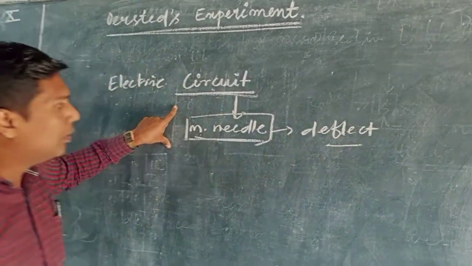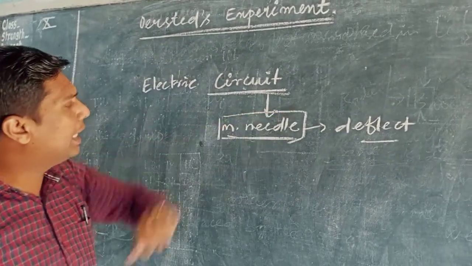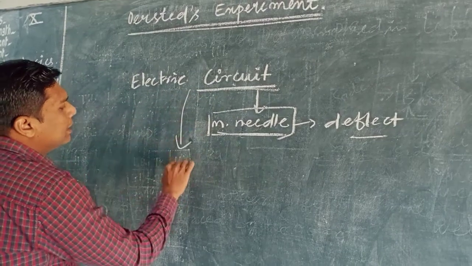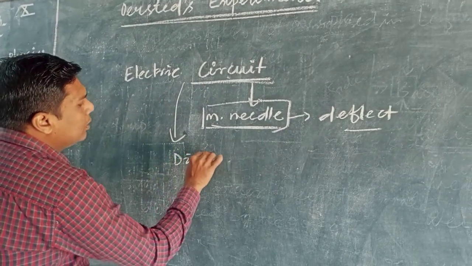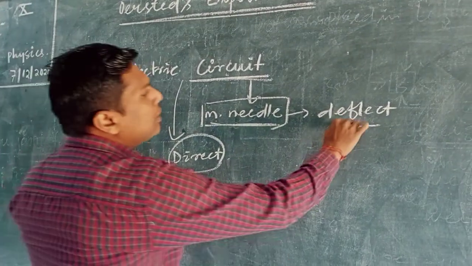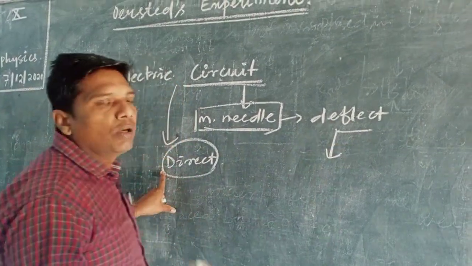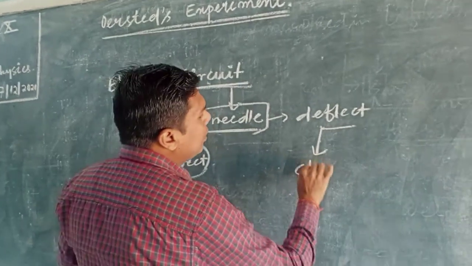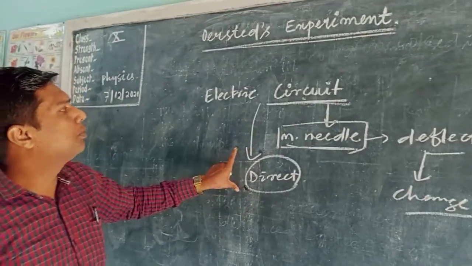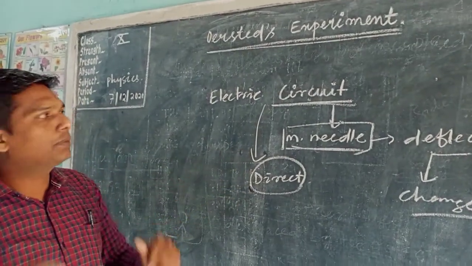Learn this one. When he observed this, again he changed the direction of current. When the direction of current changed, the deflection also happened on the other side. Deflection also changed.